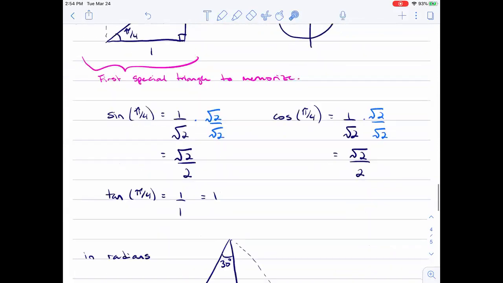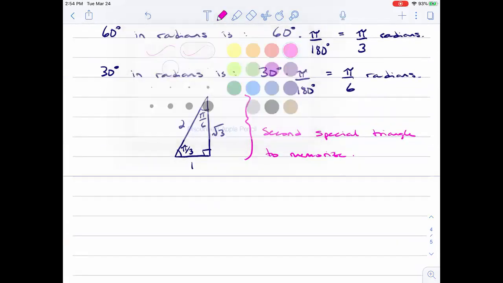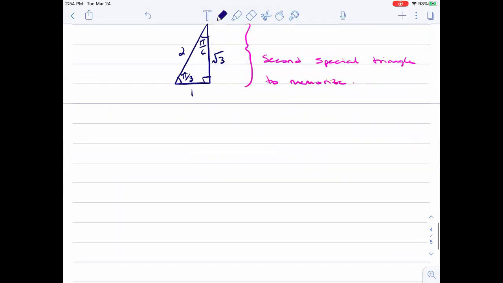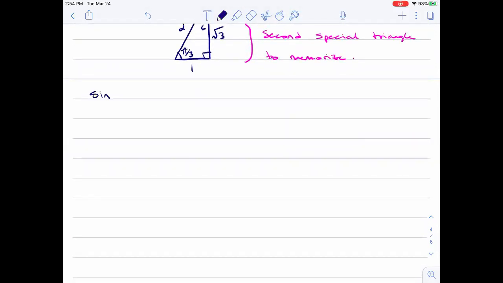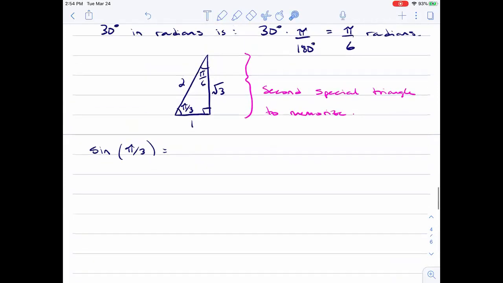So let's find just the sine and cosine. Sine of pi over 3, for example. Well, if I'm down here at pi over 3, if I want the sine, that's opposite over hypotenuse.